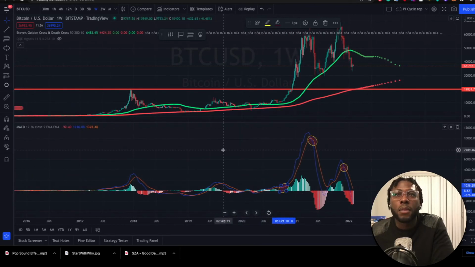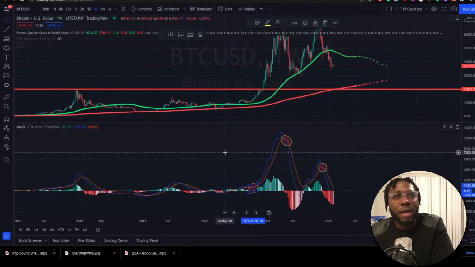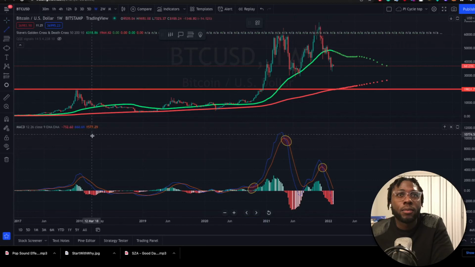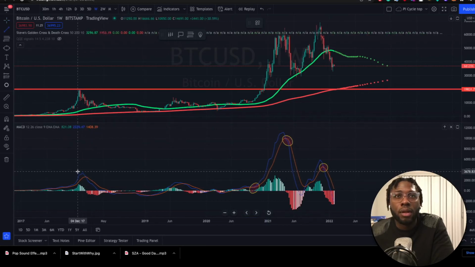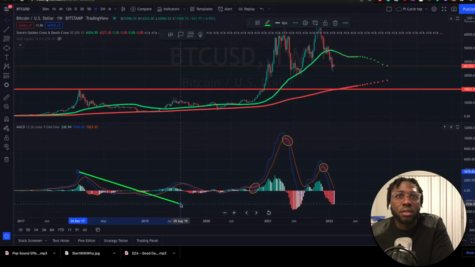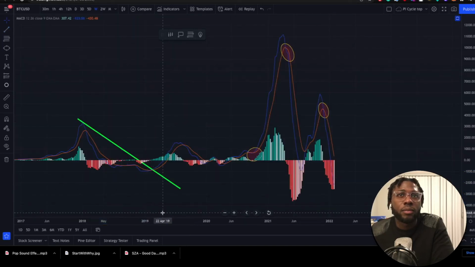Also, when we look at the past, I'm going to get some trend lines here. We can see from the top, we had a cross in December 2017. We can just draw a line straight to where the cross is.